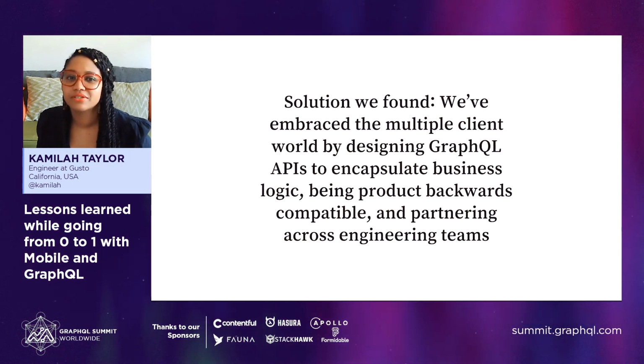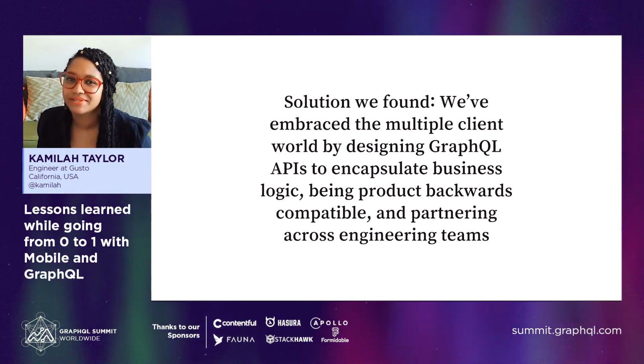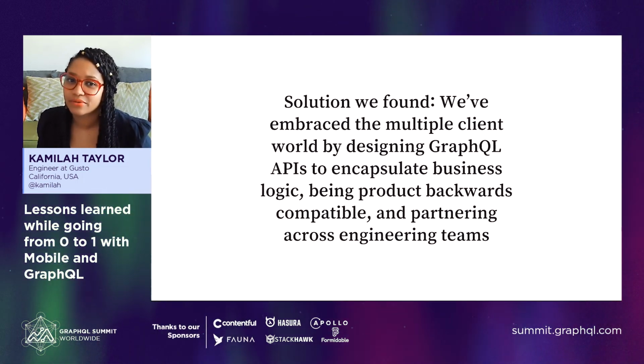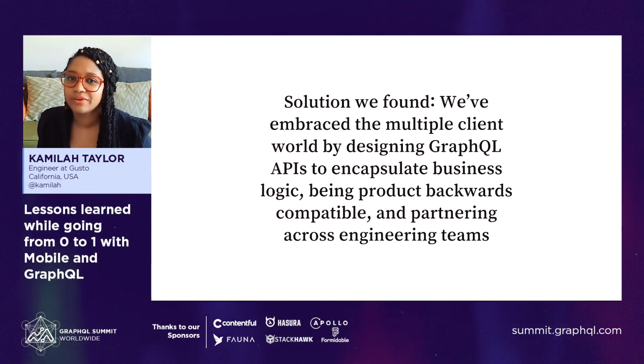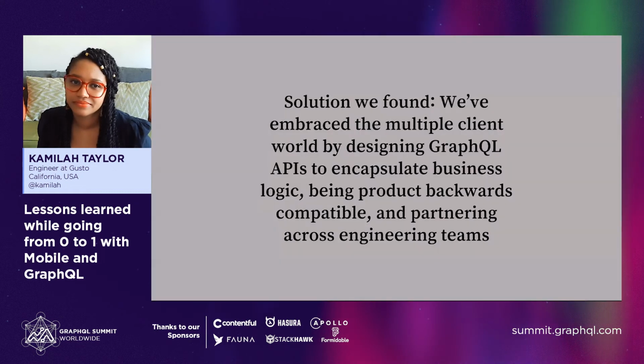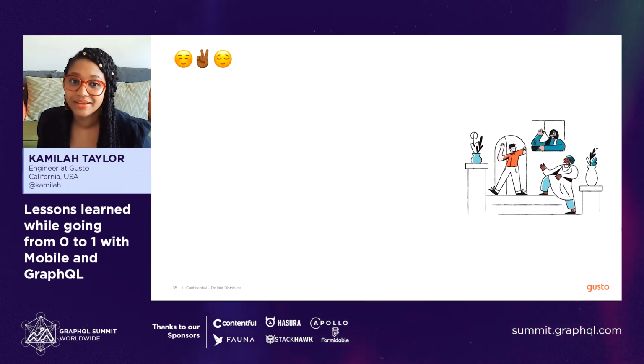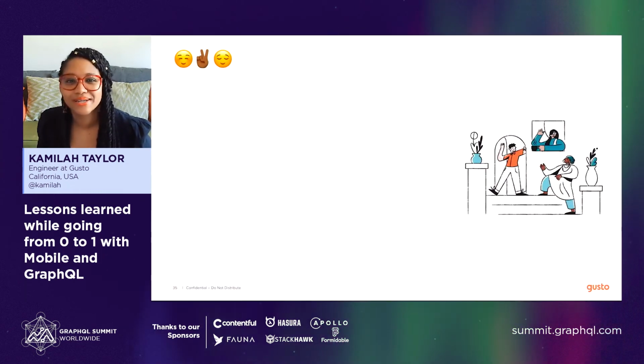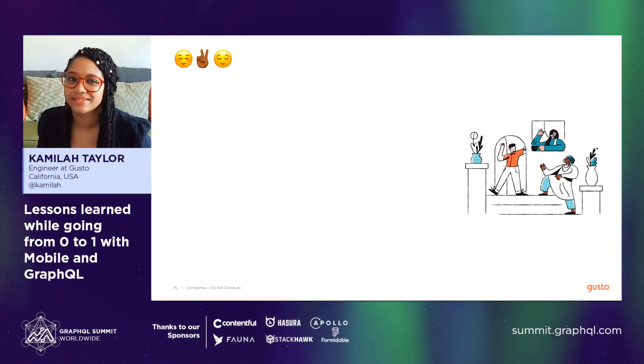We've embraced the multiple client world by designing our GraphQL APIs to encapsulate business logic, be product backwards compatible, and we've partnered cross-functionally across engineering teams. So we have some answers to those questions that we've been asking ourselves.